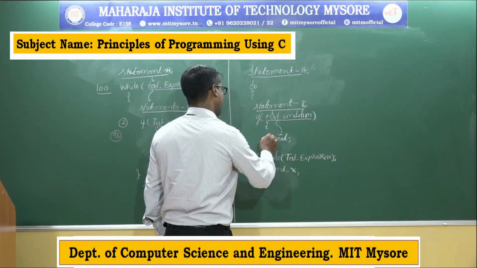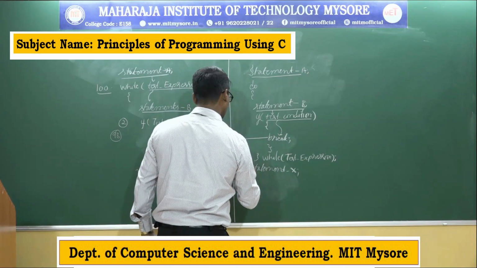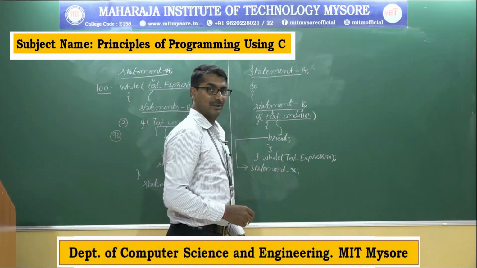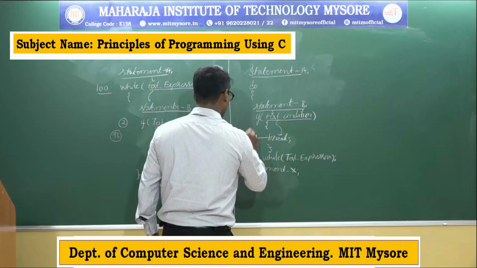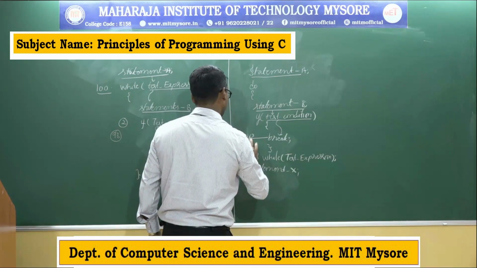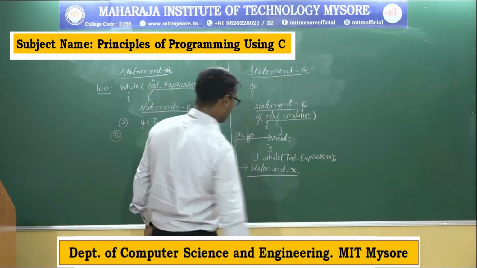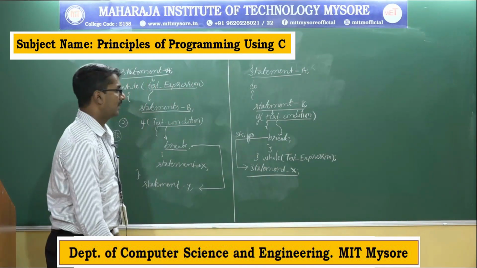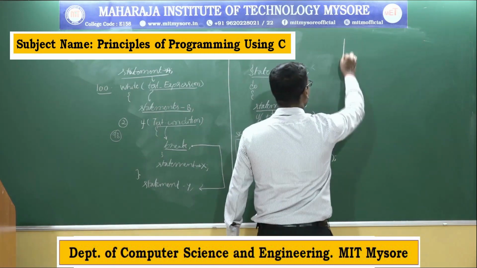After executing the break statement, the control will be transferred to statement X. So here it will terminate the loop, skip the loop, and execute statement X. That is in the do while loop.